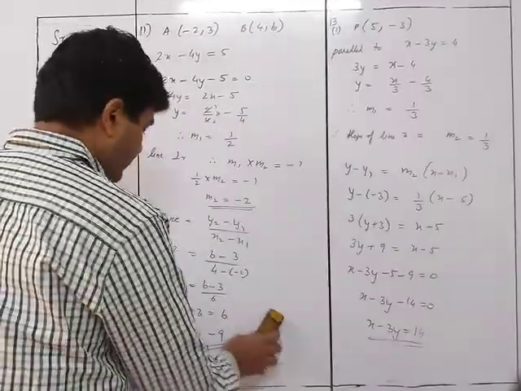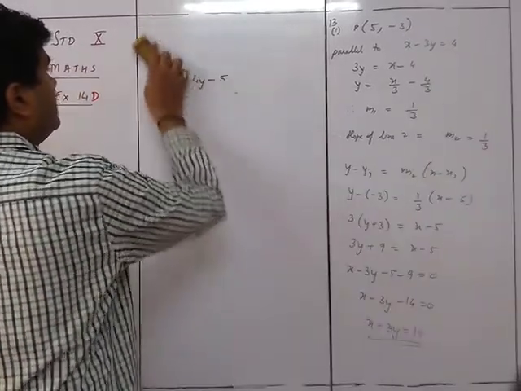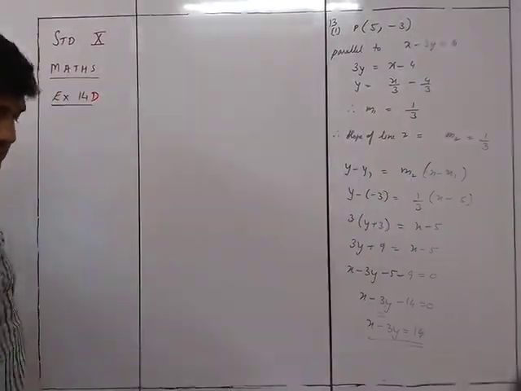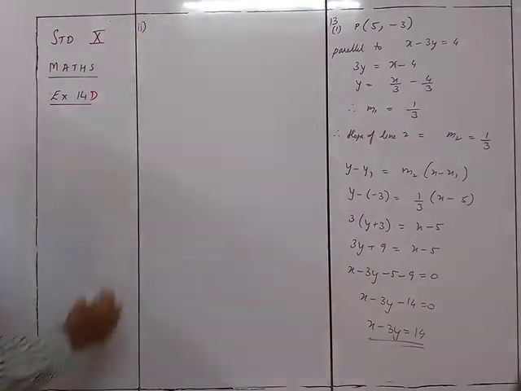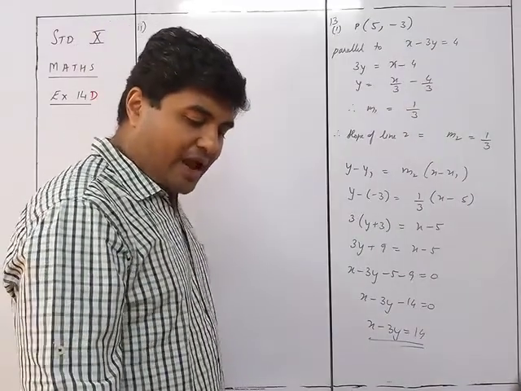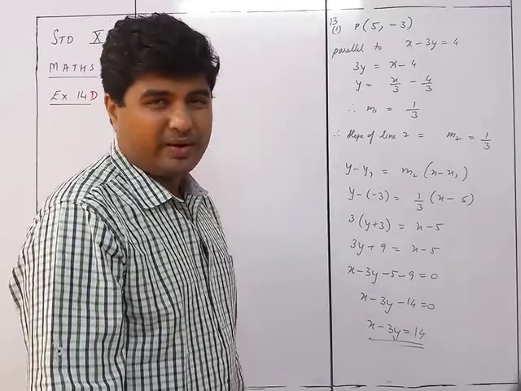We'll see the second part of the same sum. So that's sum number 13, second part. Find the equation of a line parallel to 3x plus 2y is equal to 8 and passing through the point (0, 1). It's exactly the same.